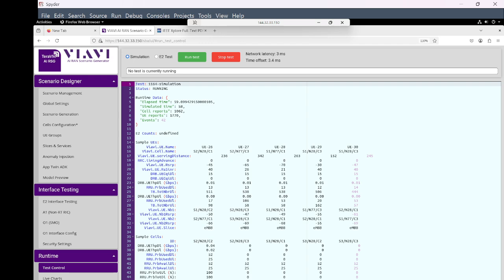Specifically, the program analyzes the throughput and PRB usage metrics extracted from the VIAVI cell reports through an InfluxDB query through the RESTful API.